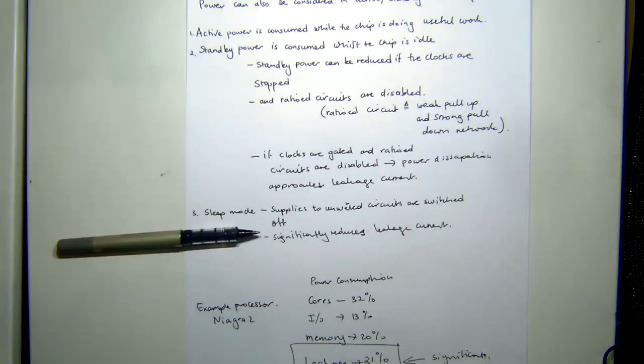We said that power is being consumed because of leakage, or subthreshold. If you're not using this circuit, what's the other thing that you can do?